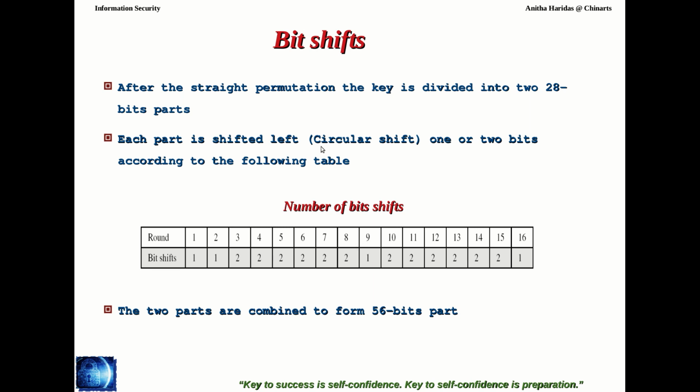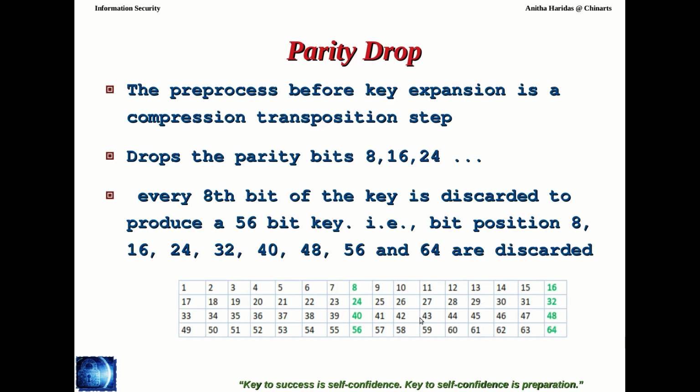For doing the circular left shift, it refers to this particular table, and it understands whether it has to shift 1 or 2 bits. Accordingly, the bits will be shifted. After it is shifted, these two parts will be combined to form 56 bits.